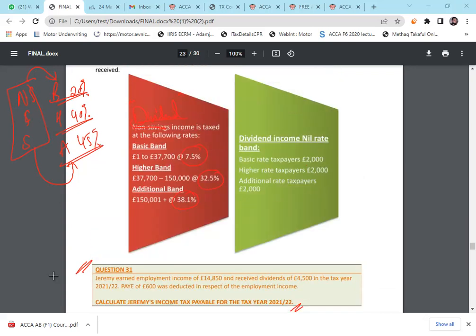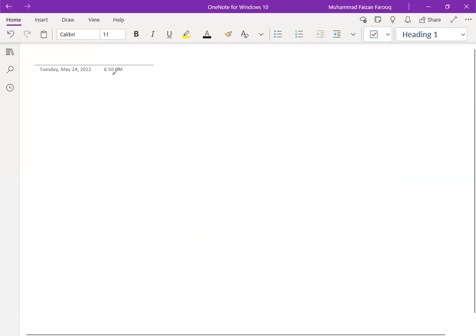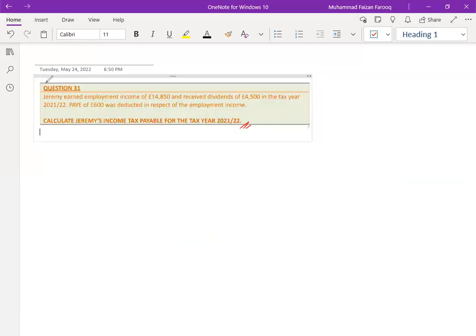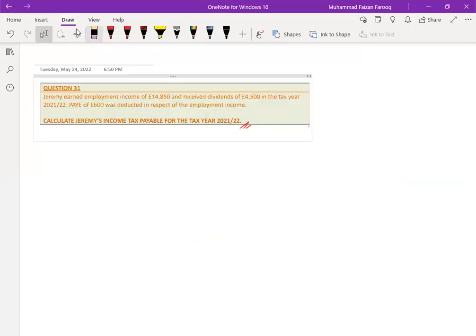Now, how to solve this question? We know the main format. I will switch the screen to the OneNote. Here it is. The question is visible to you, right? Yes. How to do that? Very carefully. First time we are doing a question with dividend income. So we have non-savings, there is no savings income, only dividend we have, and total.